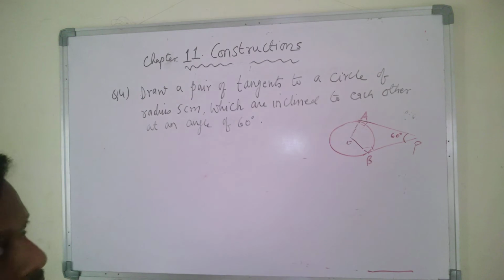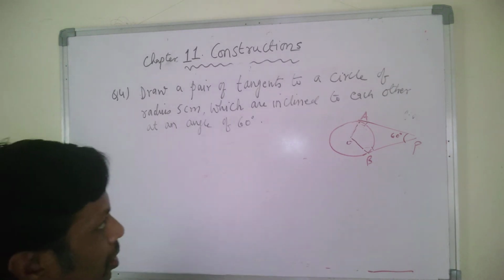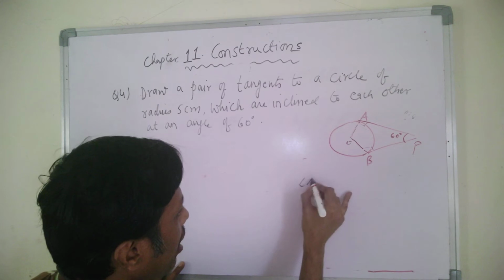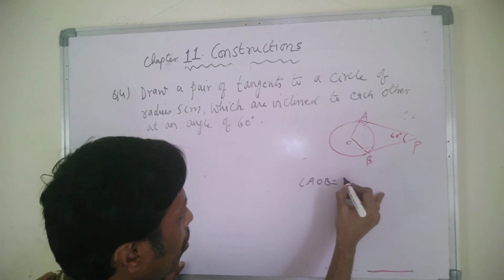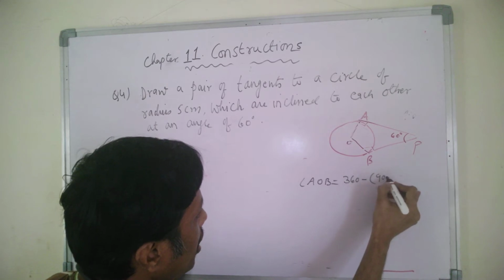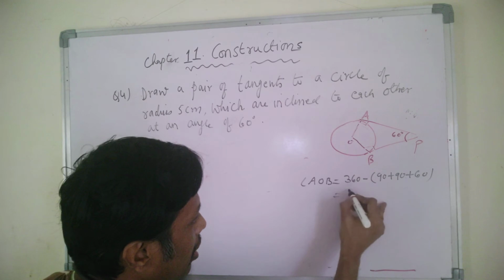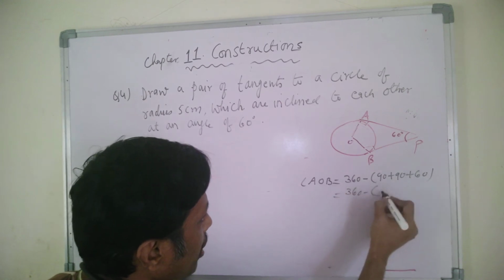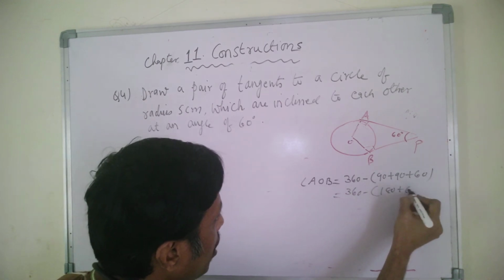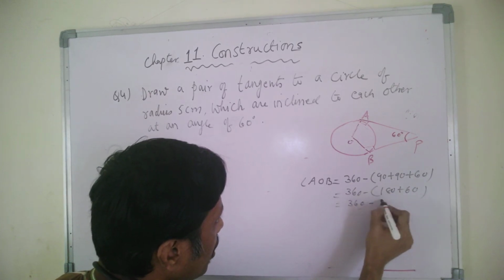So you add all the three, right, and subtract it from 360 degree, right? So what are you going to get? So angle AOB will be 360 minus 90 plus 90 plus 60. So that is 360 minus 180 plus 60, right?